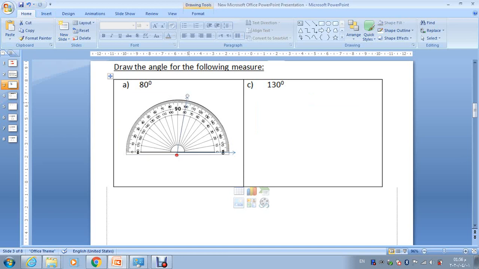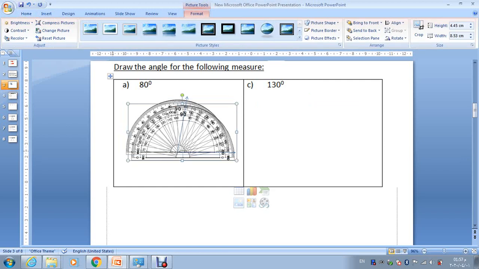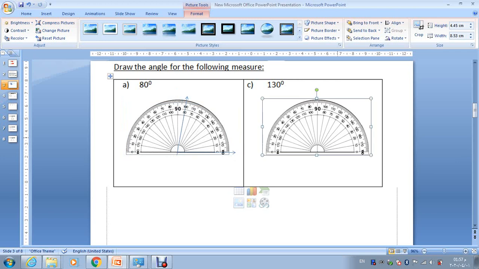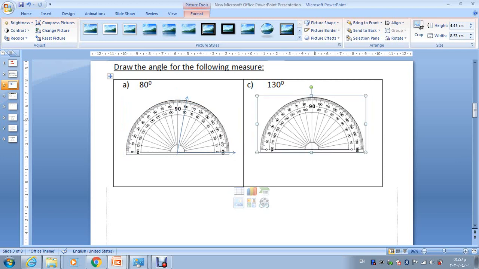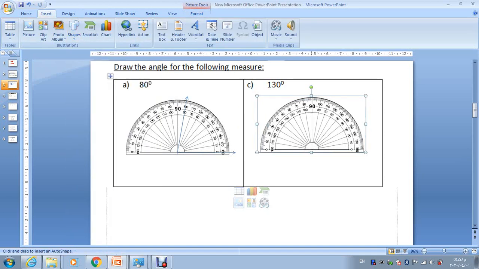You can do it with your protractor. Okay, I'll copy and paste it here, and start doing the 130 angle. So I may go the other way, pointing towards the 0 from the other way.